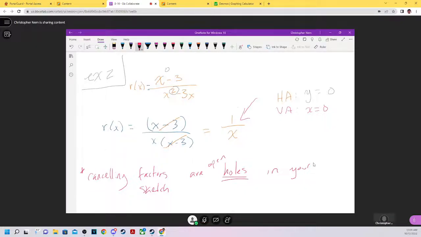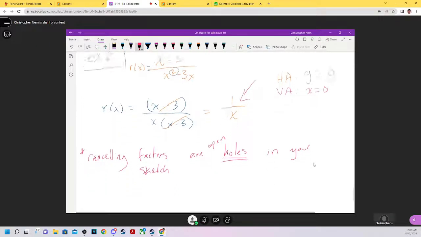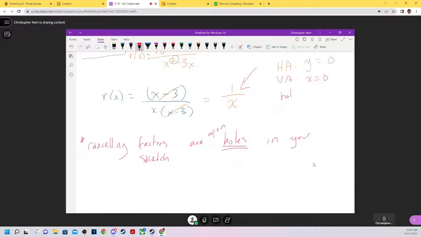That's where you're going to miss a single value. It's not going to be an asymptote in particular because it canceled out nicely. However, it will still be a part that we have to account for in our domain. Just because we have a new function does not mean that 3 worked, because we have to plug that back into our original function. So, in this case, we have a hole at x equals 3.